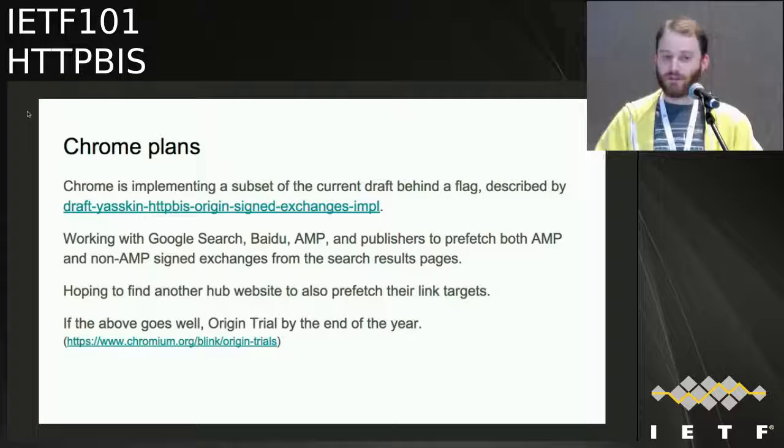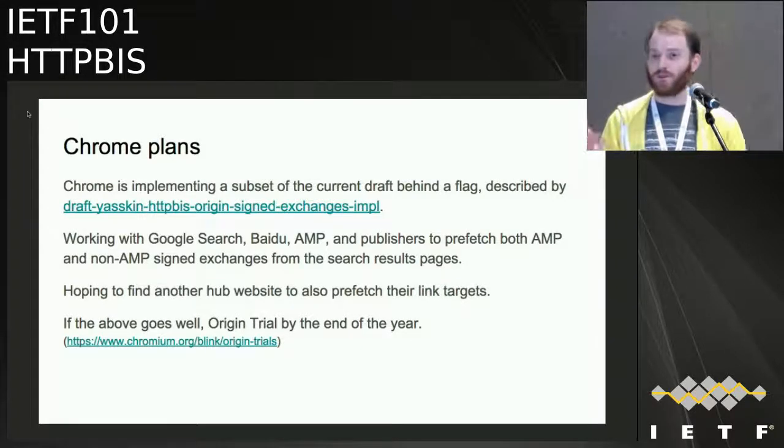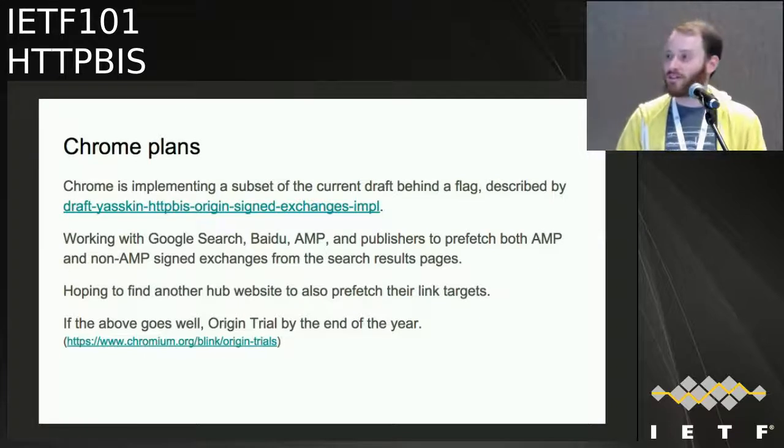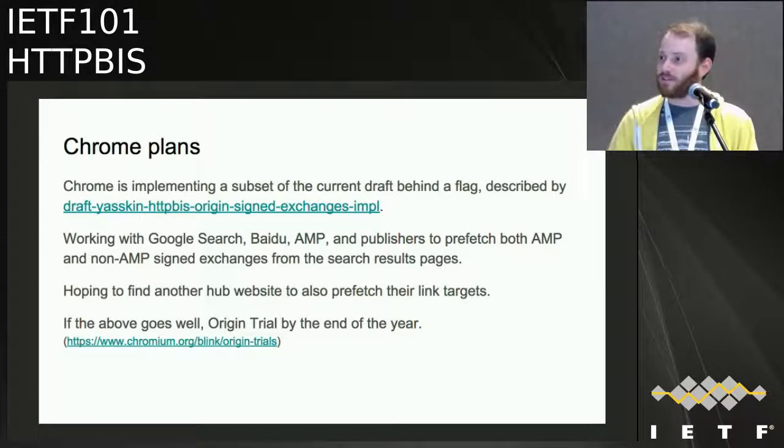We're hoping to find another hub website or just produce a demo, something like Reddit or Hacker News that could also prefetch their link targets, either to preserve privacy but still prefetch, or to avoid the slashdot effect. And then if all of this goes well, we're hoping to run an origin trial late this year. And an origin trial allows any website to opt in to producing signed exchanges and hosting them.